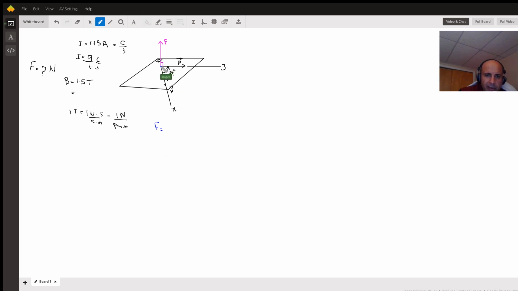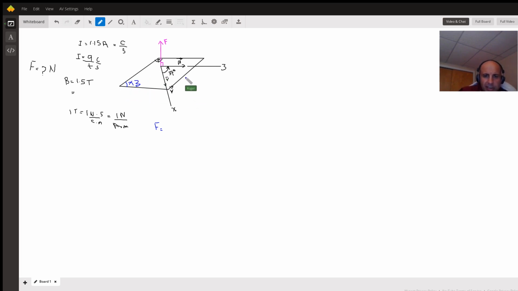The direction of the force is up, perpendicular to the plane P, which carries both vectors B and V, where V is in the X direction and B in the Z direction, but both directions are in plane. So this plane is actually plane XZ.